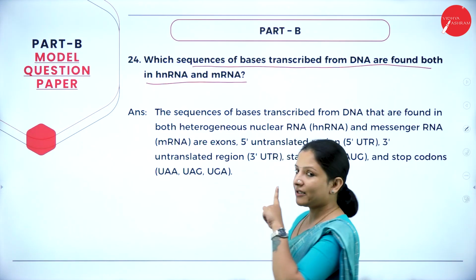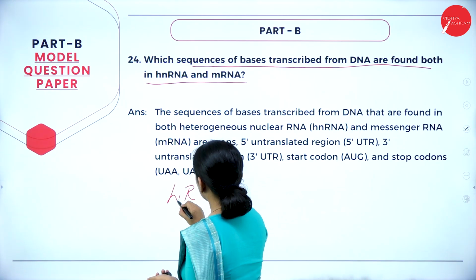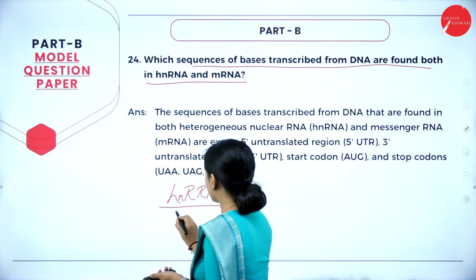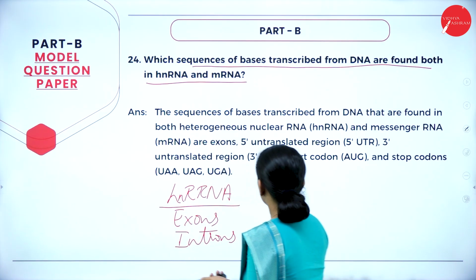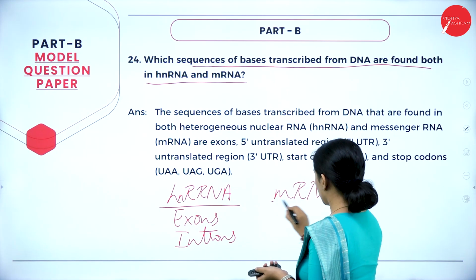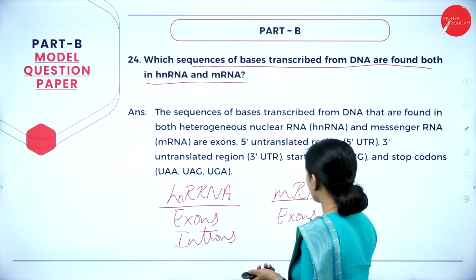So hnRNA will contain exons and it will contain introns. mRNA is a mature messenger RNA. Therefore, it will contain only exons, which are the coding sequences.